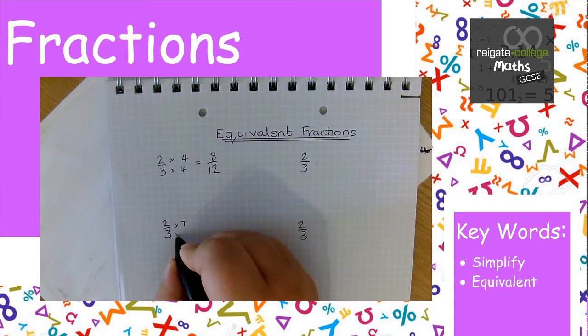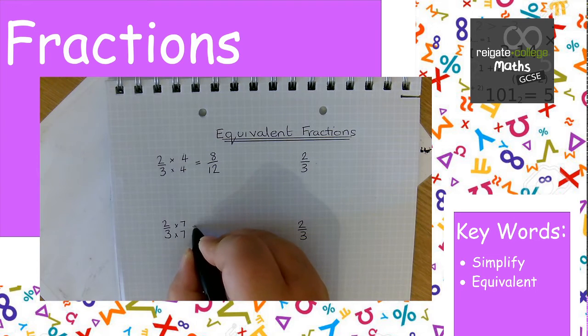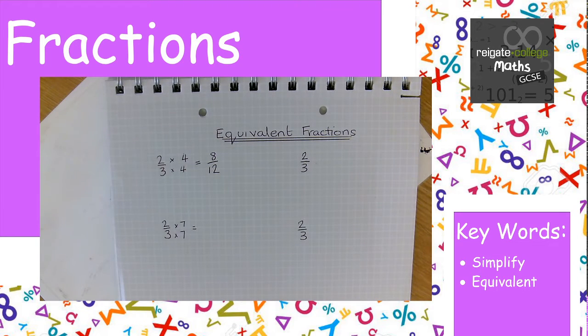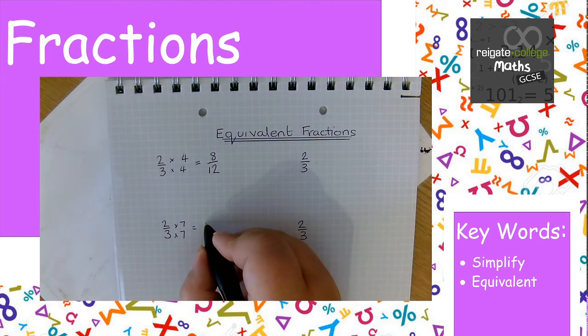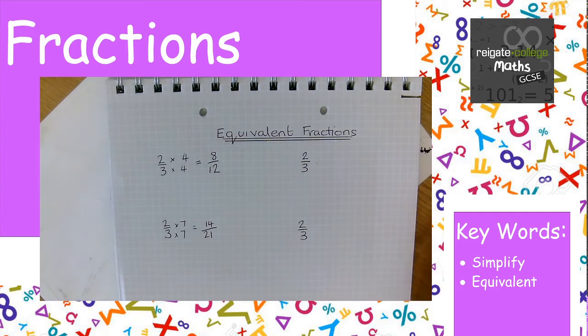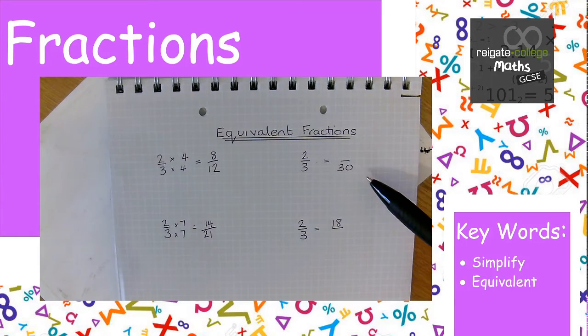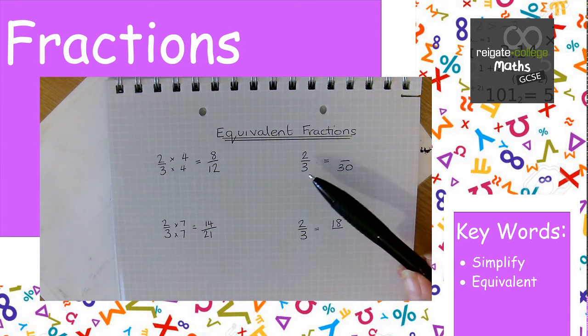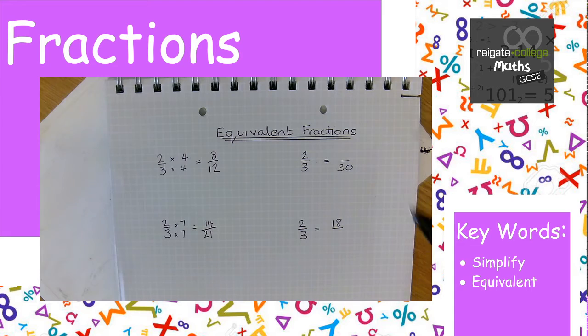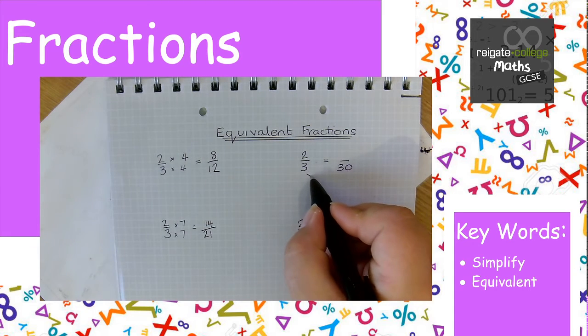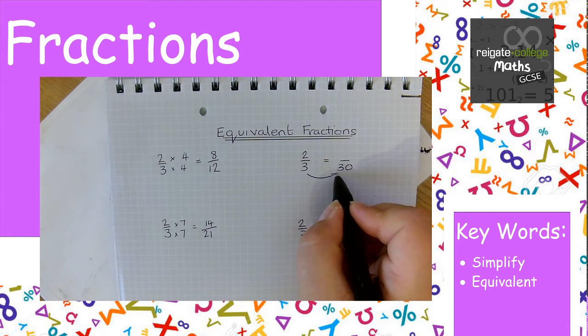Here I'm multiplying the top and the bottom by 7. 2 times 7 is 14, and 3 times 7 is 21. You see by my third example, I've been instructed that my denominator needs to be 30. And if I want to make an equivalent fraction to 2/3, I have to identify what the multiplier was here.